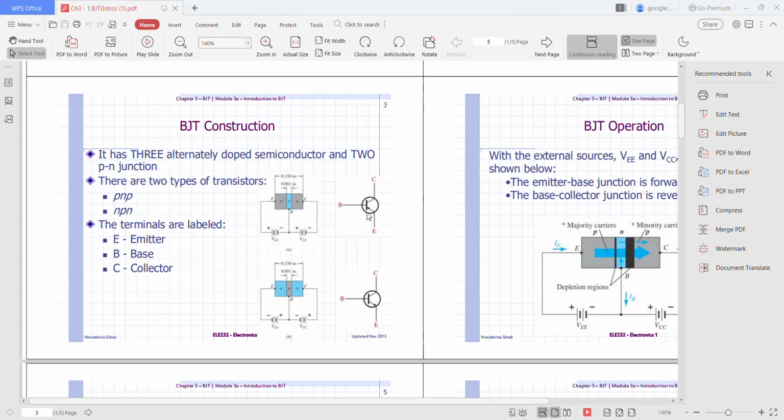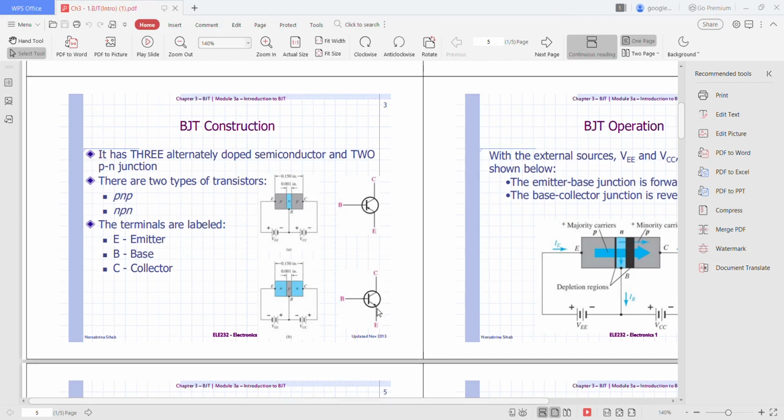The electrical symbol for the transistor is at the right side of this figure. C stands for collector, B is the base, and E is the emitter. If you look at the direction of the arrow current here, if the current is moving from emitter to base, this transistor is called PNP transistor.